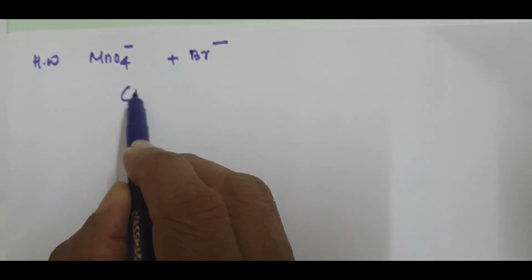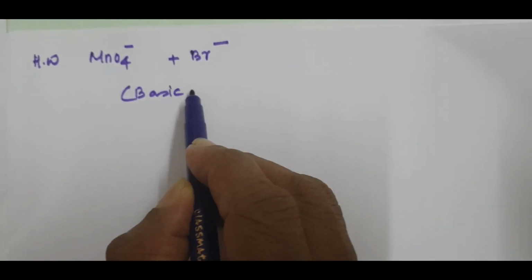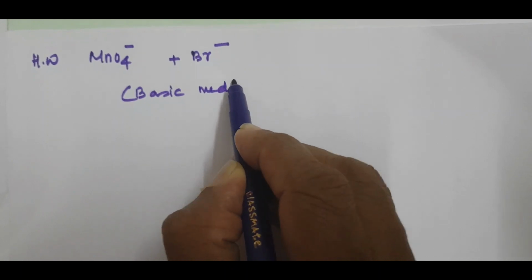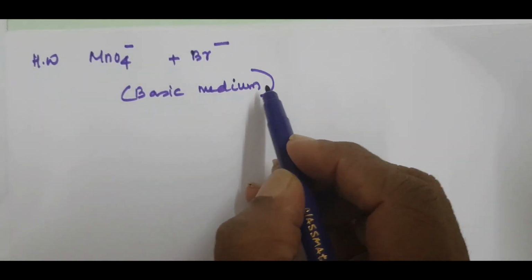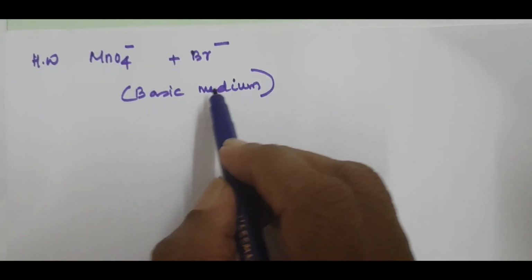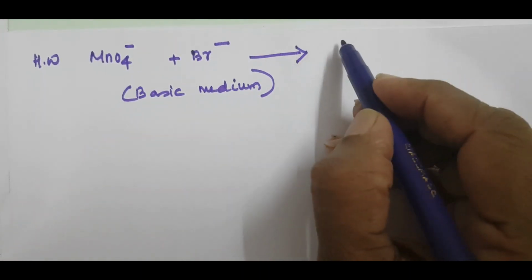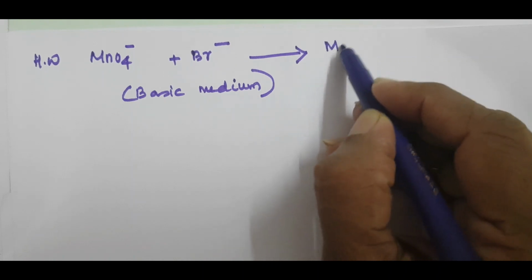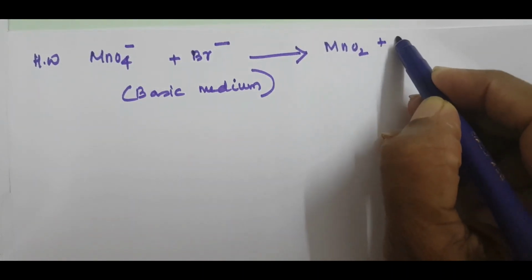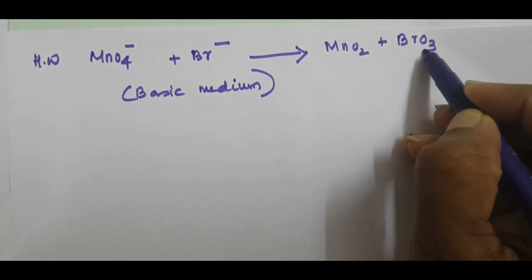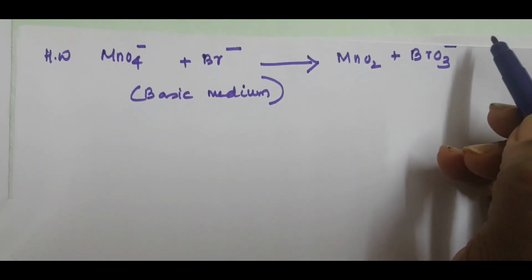You are given a hint, basic medium. In the last case we studied acidic medium, so we put H plus. Here you have to put OH minus. To give manganese dioxide, that is MnO2, and bromate ion, that is BrO3 minus ion.